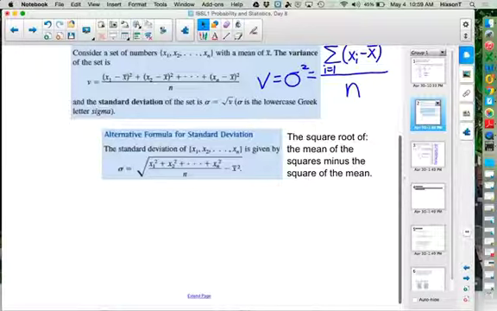And then you subtract the mean squared. So you square each score, divide that total by n, and then subtract the mean squared. Okay, the square root of the mean of the squares minus the square of the mean. That's one way people help remember it. It's the mean of the squares minus the square of the mean.